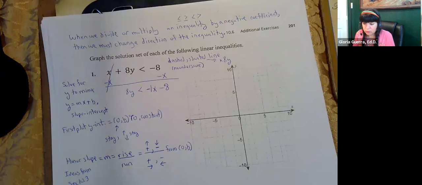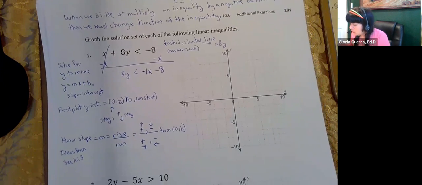So I will probably make one of these somewhere a negative y so that we can change that. I'm not sure which one I'm going to do it on, but I'll probably do it on number 4.